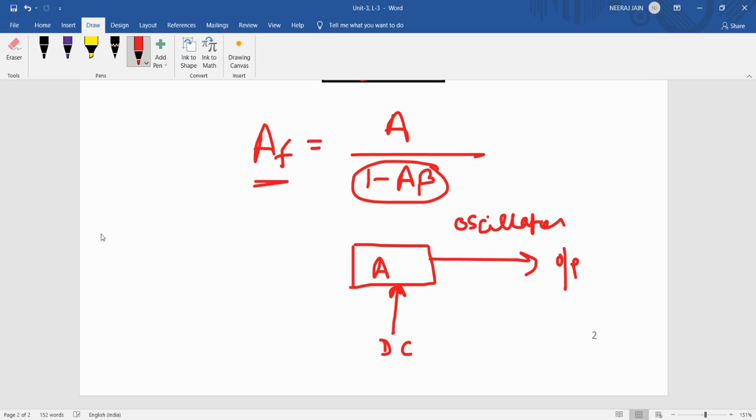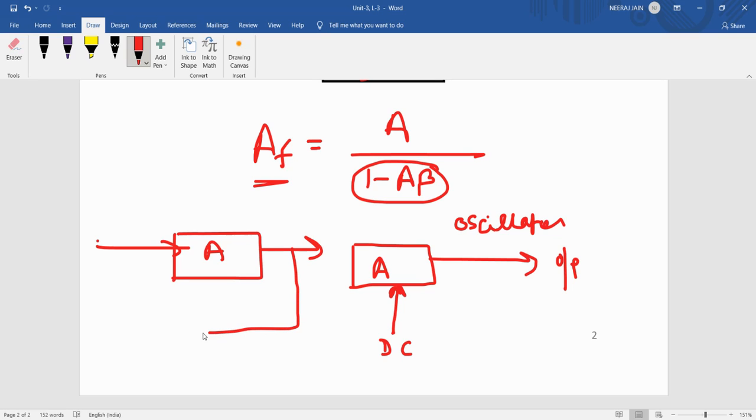But in case of an amplifier, if we are designing the amplifier, then there will be feedback present. यहाँ पर हम इनपुट देंगे, यहाँ पर हमारा आउटपुट आएगा and it will go as the feedback. That is the basic difference between an amplifier and an oscillator. यहाँ पर हमको इनपुट की जरूरत नहीं है. Input is not needed. Okay, thank you very much.